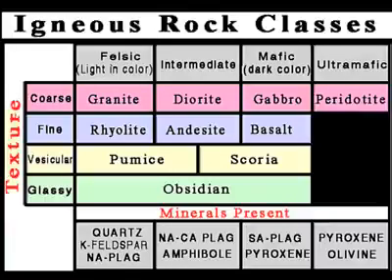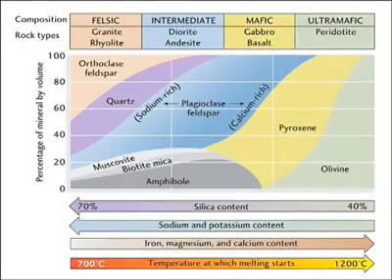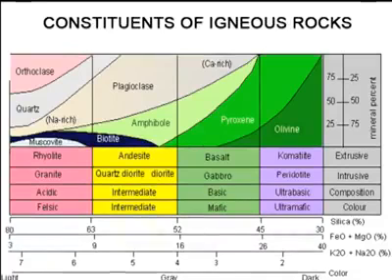These next charts show graphically the relative proportions of these minerals in the 4 categories: felsic, intermediate, mafic, and ultramafic. As mentioned, quartz and the feldspars occur more abundantly in felsic rocks, of which the main representative is granite.